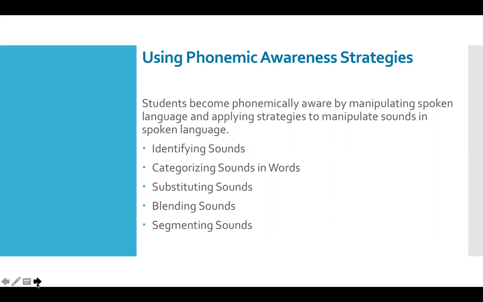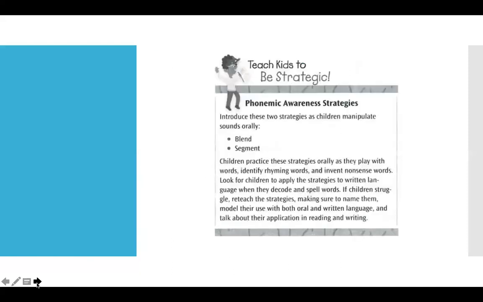Segmenting sounds, children break a word into its beginning, middle, and ending. B is the beginning of big, right? Beginning sound. I, the middle sound of big, ig. And g, the last sound in big. Children use these strategies, especially blending and segmenting, to decode and spell words.